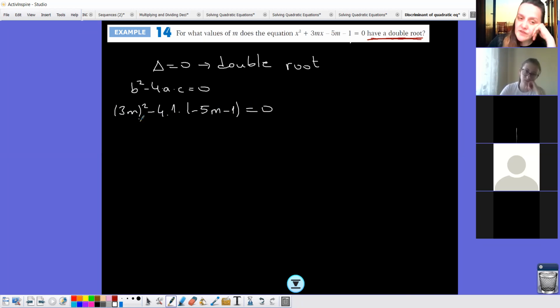Now, what will be 3m squared? 9m squared. Minus times minus will be plus. 4 times 5m will be 20m. Minus times minus will be plus. 4 times 1 will be 4, is equal to 0.